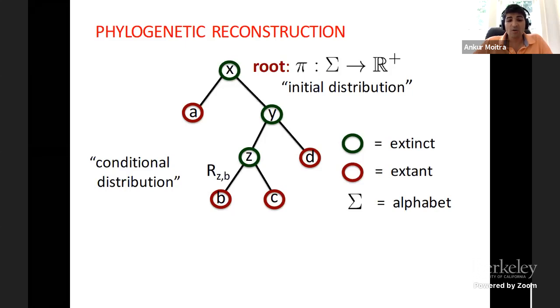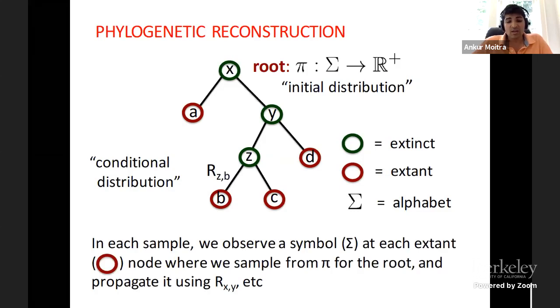So this matrix R_ZB describes, if the alphabet is size K, it's a K by K matrix. And one of the rows in it describes, if this hidden node Z has a particular symbol in the alphabet, what is the conditional distribution on what symbol is assigned to its child, namely the species that's described by B. So this is a model that describes the transmission and things like mutation along this tree of life.